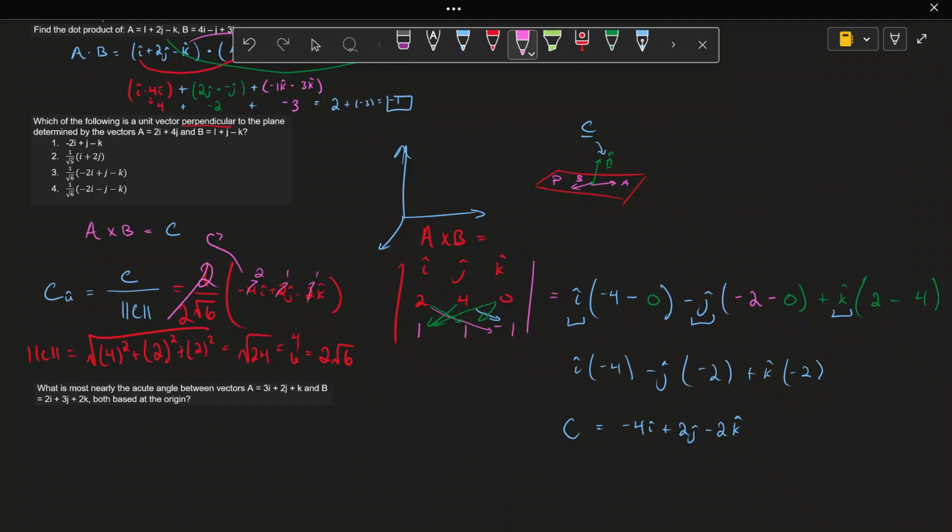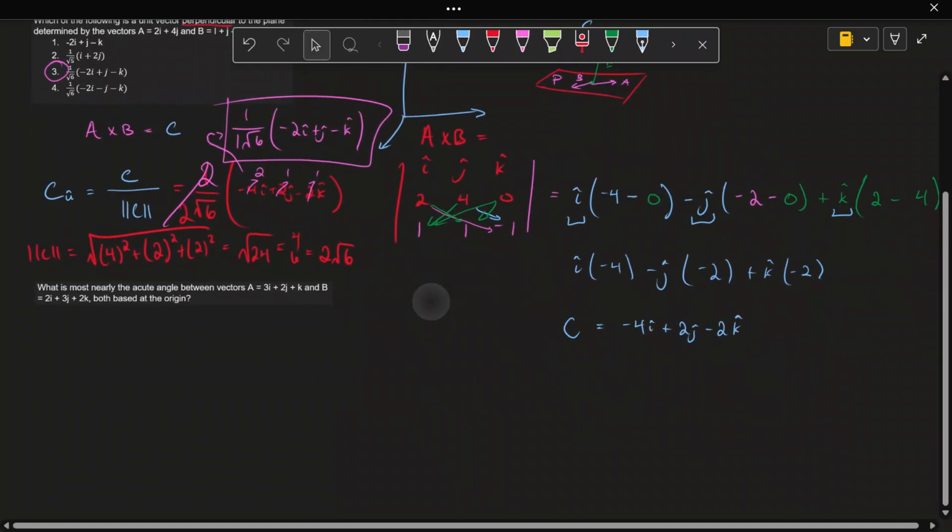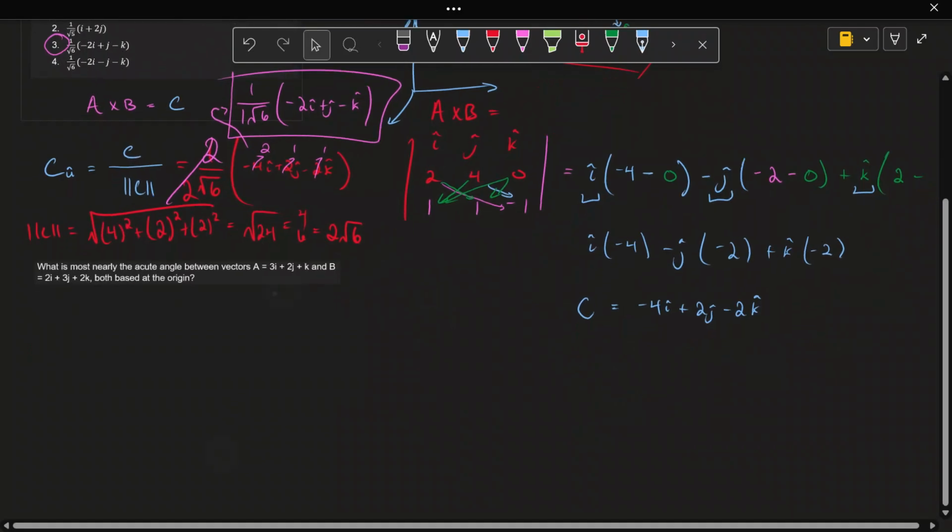So what we get now is these cancel. We get 1 over square root of 6 times minus 2i hat plus j hat minus k hat. We notice this is the same as that answer. So this will be our answer. All I did at the end was simplify and get rid of some common values in the numerator and denominator.